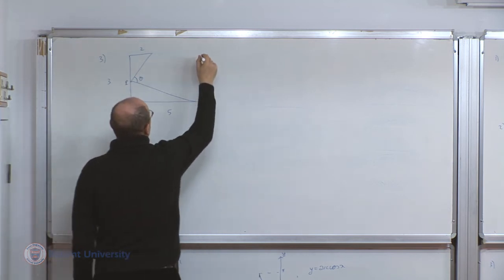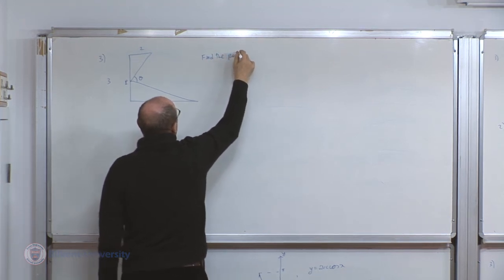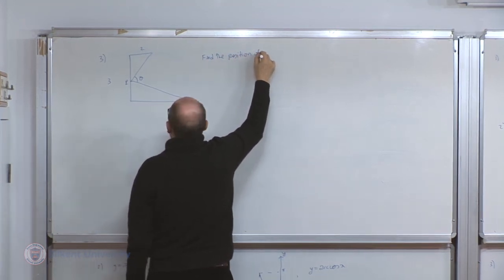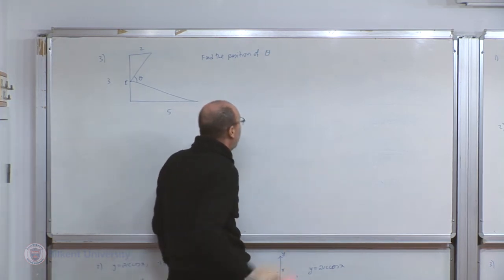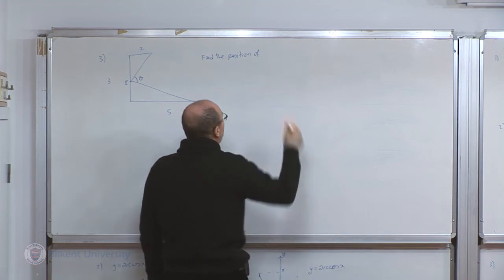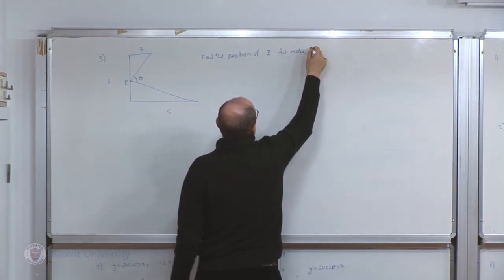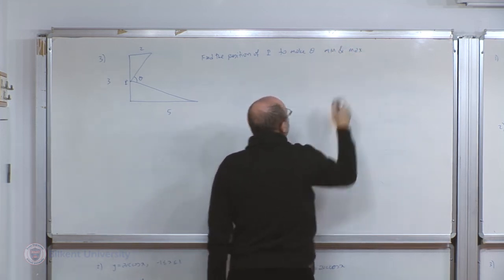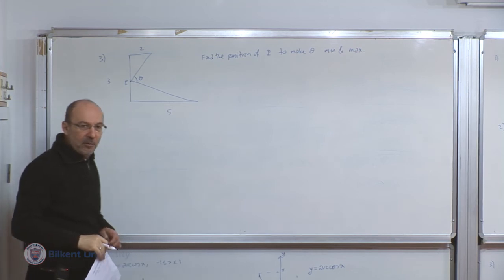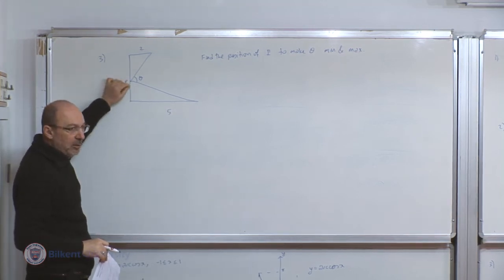Okay, so the question is find the position of P to make theta minimum and maximum. Okay, so I can move this up and down.